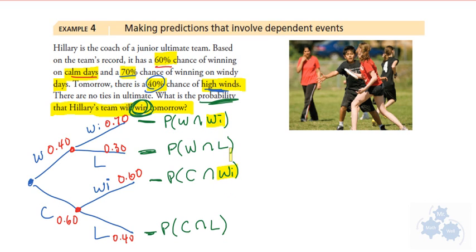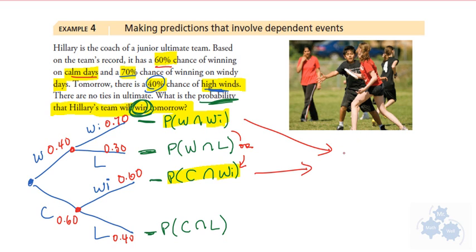So if we find the probability of these two and then add them together, because it's a win on a windy day or a win if it's calm. When there's an or, then you add. So it's this one or this one. We need these two probabilities.